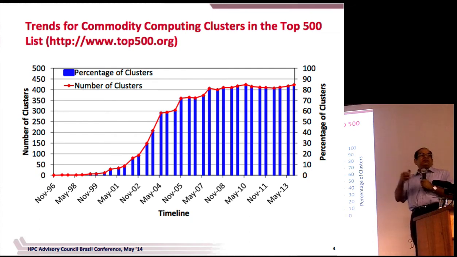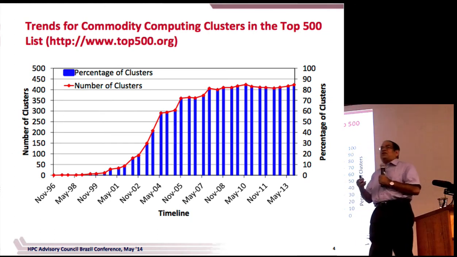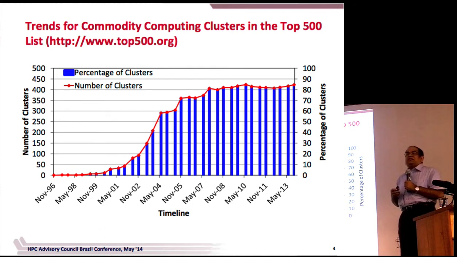When I say commodity clusters, I mean you buy the servers, you buy commodity networks and then put them together. Now almost 83 to 85% of the Top 500 systems are clusters. These are not proprietary systems, these are commodity systems.